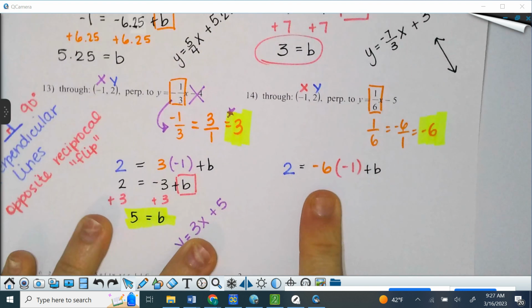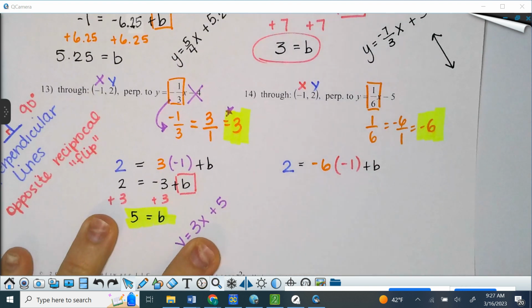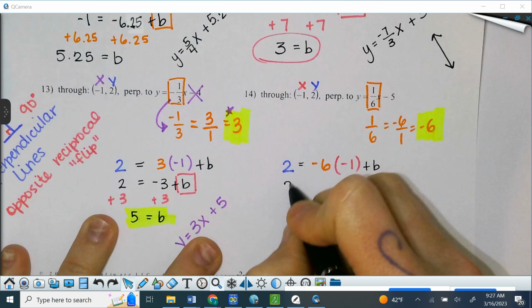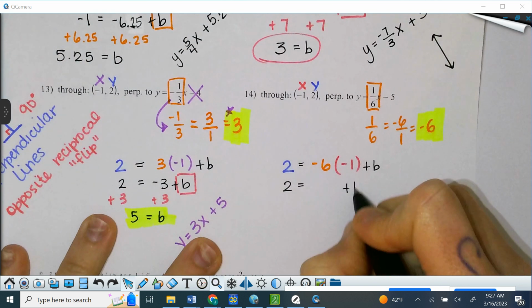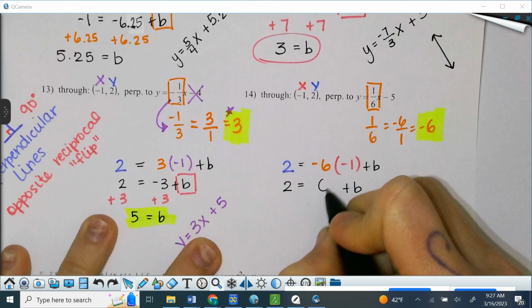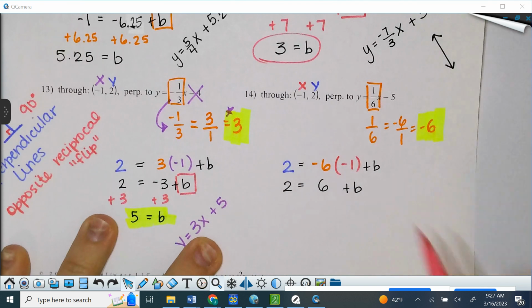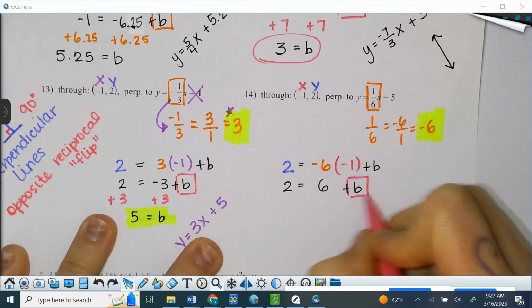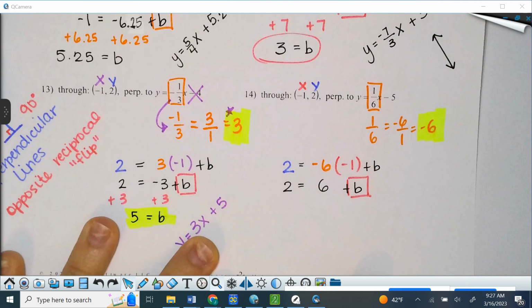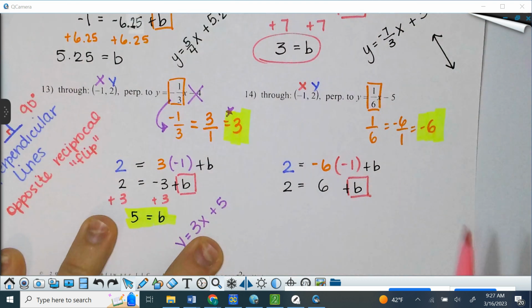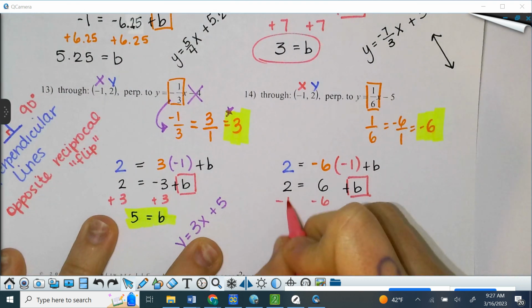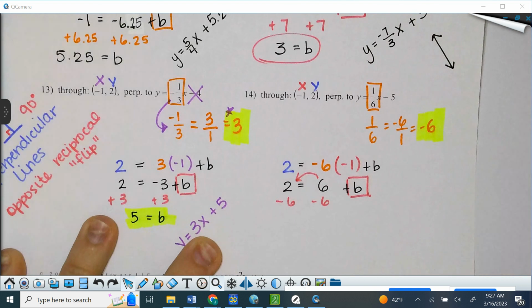So a negative and a negative gives me a what? Positive 6. Good. Don't mind my b's and my 6's. They look very, very similar. I try very hard to keep them from looking alike, and they look alike anyway. I do need to move that positive 6. So I'm going to subtract it from both sides to get it over those equal marks, or cross the great divide, as I always say.